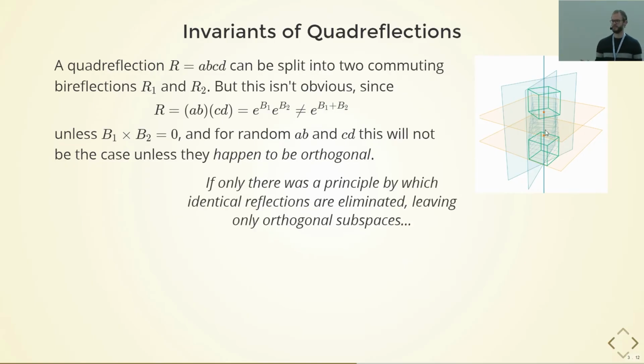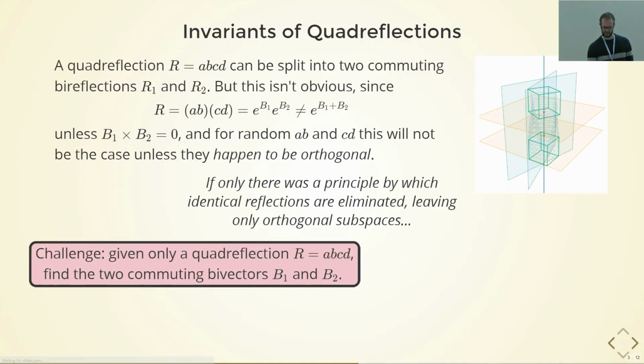And yeah, if only there was a principle by which identical mirrors are always eliminated such that we are always left with orthogonal spaces. So it turns out that that is indeed always the case. And so the challenge before us now is to actually find those commuting bivectors b1 and b2. But we know already, hopefully from the basis of the explanation I've given, that that will indeed be the case.